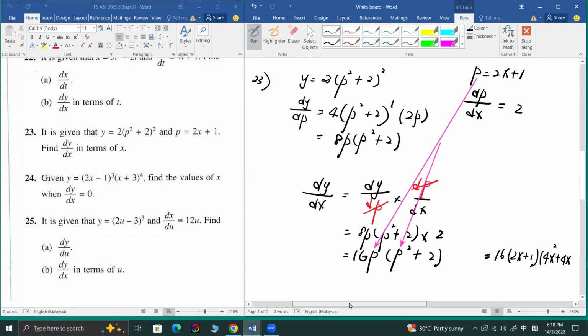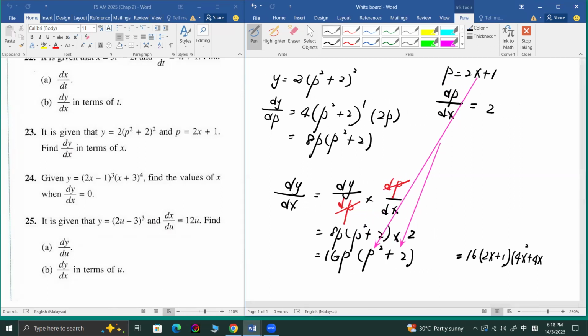Wait, I need some space. x squared plus 4x plus 3. Okay, keep trying and see. We have plus, just a minute. Plus 3. So what you need to do is you substitute the p here, just how I draw the arrow from here.